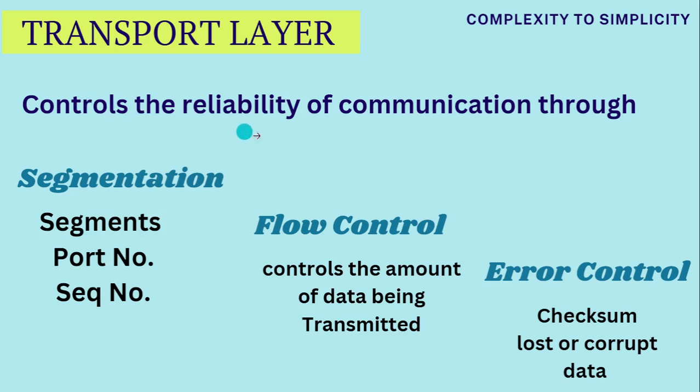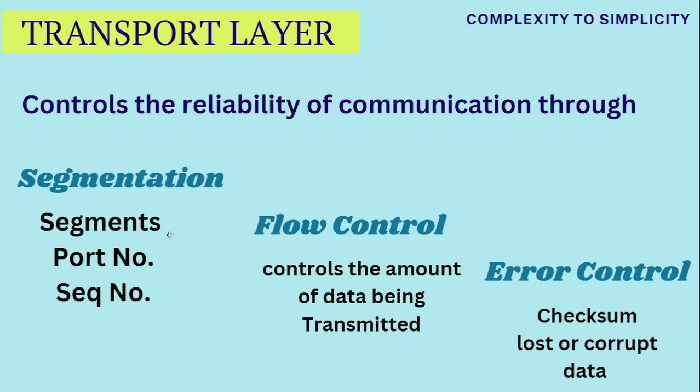The transport layer controls the reliability of communication through three major processes: segmentation, flow control, and error control. Number one, segmentation. Now what is segmentation? In segmentation, data received from the session layer is divided into small units called segments.